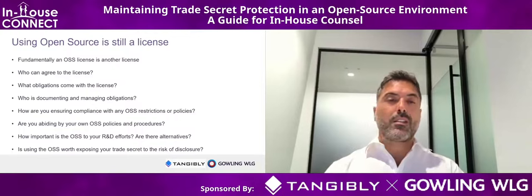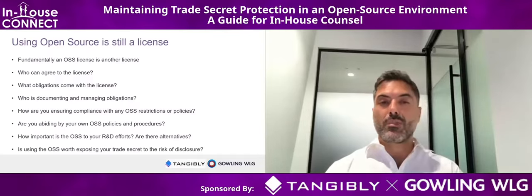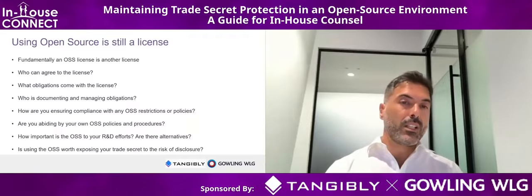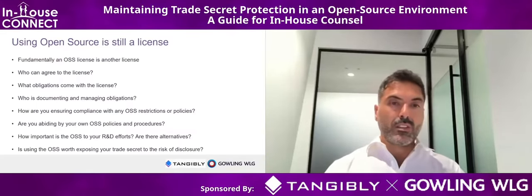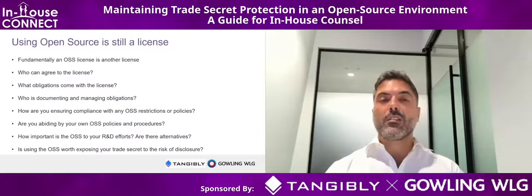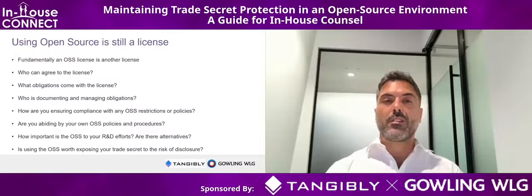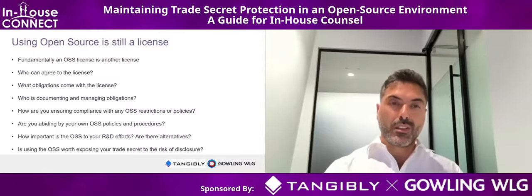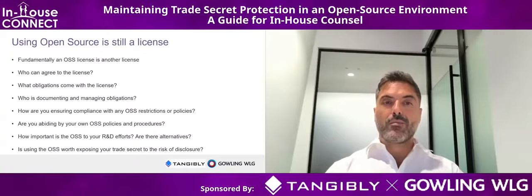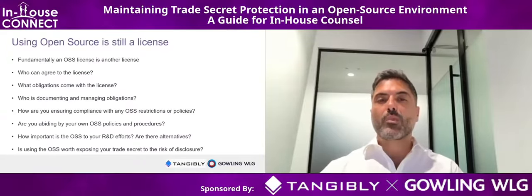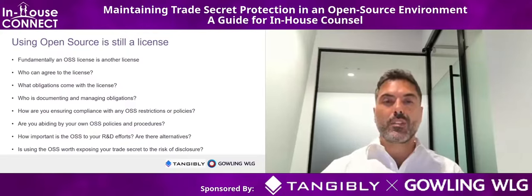To what extent are your research and development teams, engineering teams abiding by your policies? Are you auditing them? How often do you check? Are they following a system of rules and procedures, steps necessary to vet the open source with the legal team before actually using it? And are they considering how important the open source is for their research and development efforts?